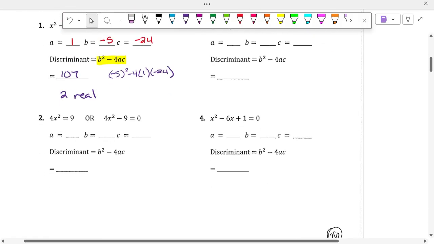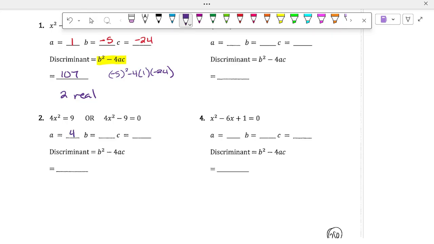What about number 2? So what's my A, B, and C value? What's A? 4. What's B? 0. B is always connected to an X value. All right. So if there's nothing there, 0 is the number for it. And then negative 9 is your C. So A is always connected to your X squared.